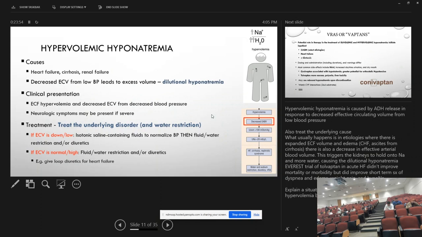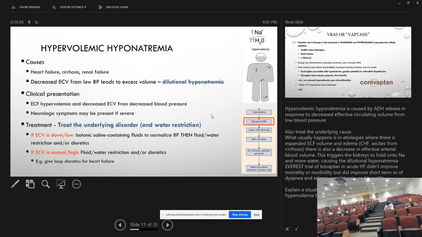And then hypervolemic hyponatremia, some of the causes would be congestive heart failure, cirrhosis, renal failure. Those are all patient populations that would have a ton of volume on board, right? Like that guy up there in the upper right-hand corner. So they're going to present with a ton of volume on board and a low sodium level.